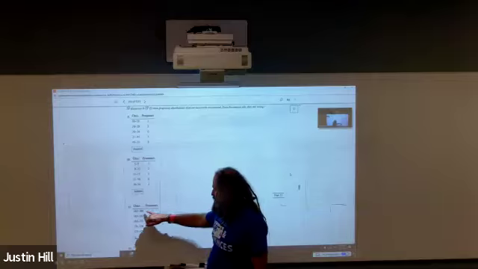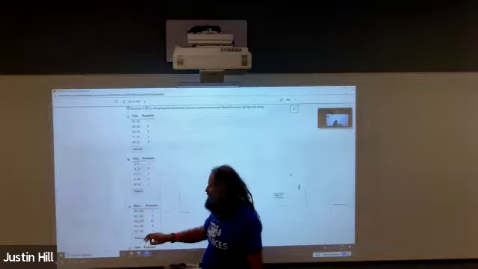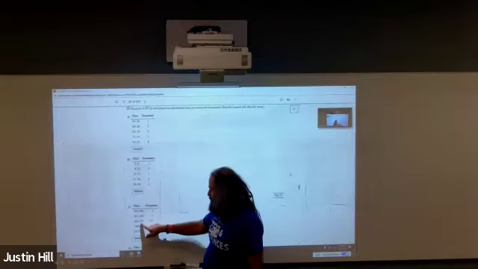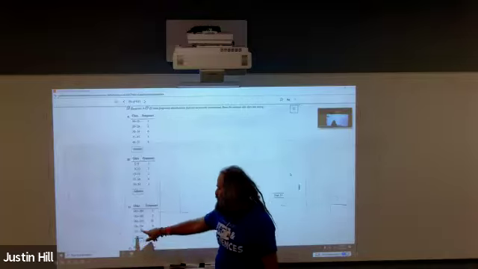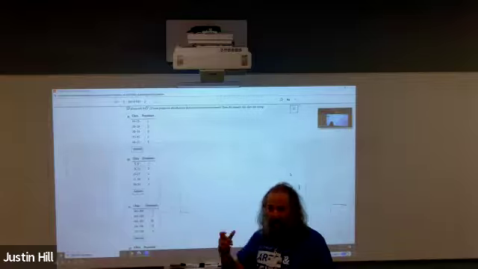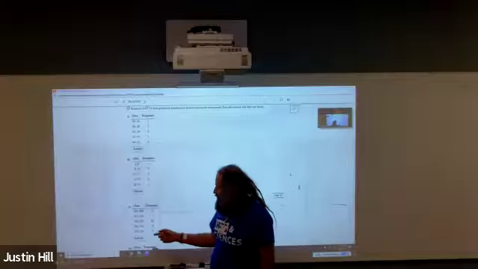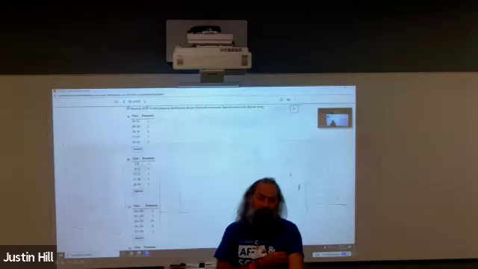Notice that 162 to 164, after 164 is 165, so we're good here. 165 to 167, after 167 is 168. But the problem is here. This one ends at 170 and then this one picks up at 174. This one should pick up at 171, and it doesn't. So there's a gap there. It's not continuous. So that's the mistake in that one.